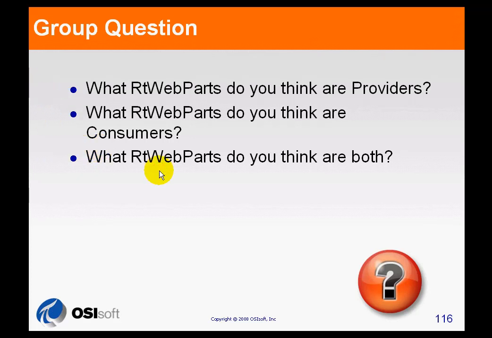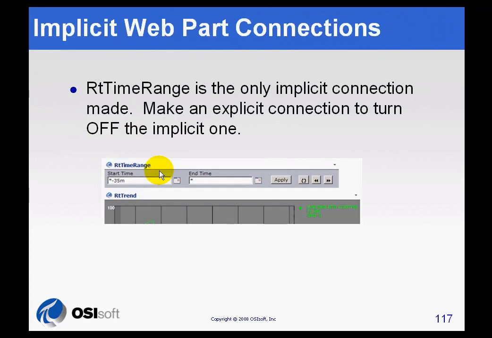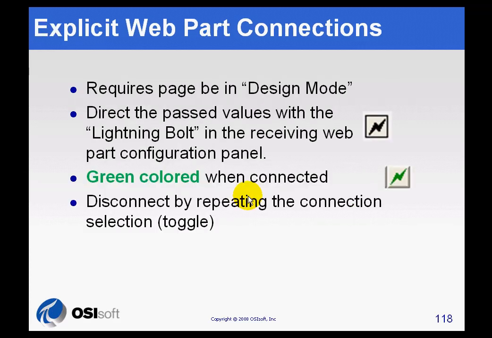Now, before we move on, I want to discuss two things about connections. There are implicit connections that we've seen before, and the RT time range is one of those. There's an implicit connection between all the other RT web parts on the page. Now, the explicit connection is something that you have to do when you're in design mode.